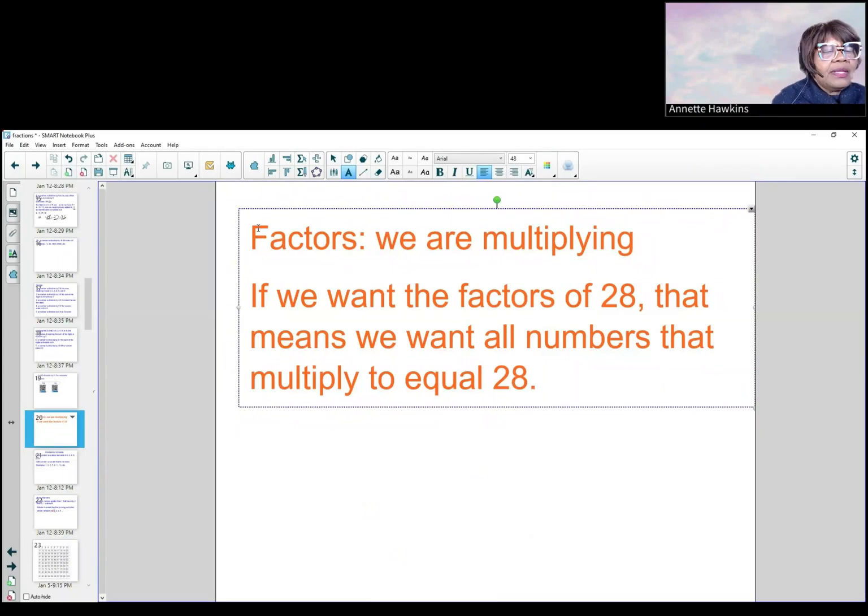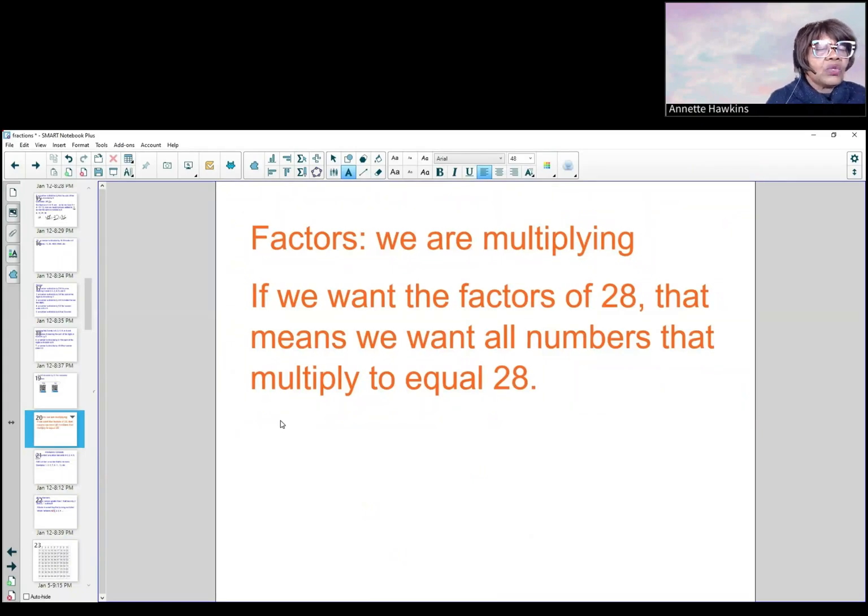Now, the easiest way to do this is to put them in pairs. You want factor pairs to get 28. We want all the factors of 28.